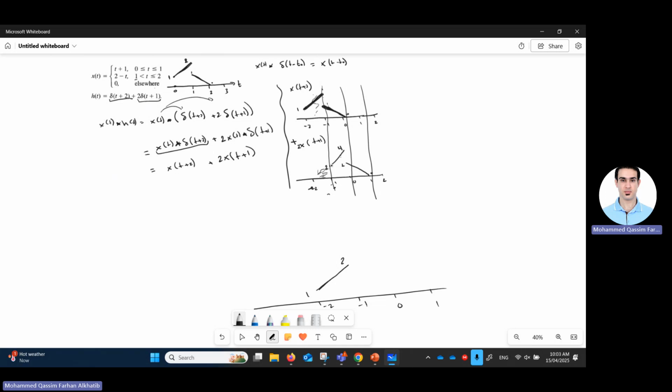Negative 1, that starts from there. So this segment will overlap with that one. Okay, there's a 2 here and there is a 2 here, so it should be 4. No, this one belongs to that one. No, that one is 1. Like 2, high 1. So we don't add them together? No, I'm adding these two segments together.